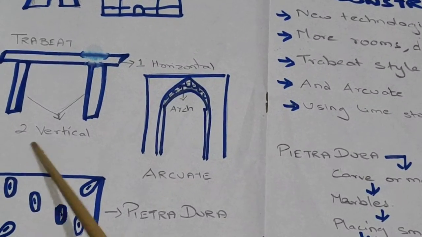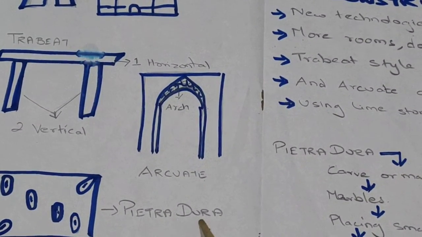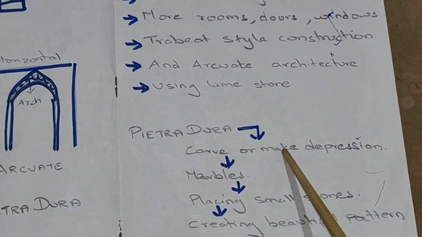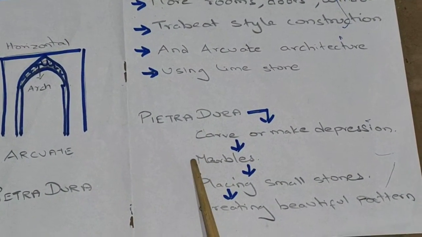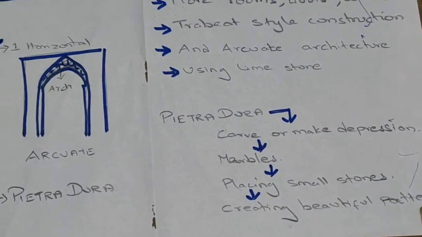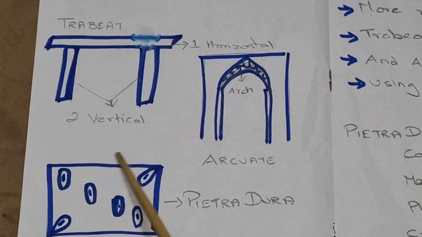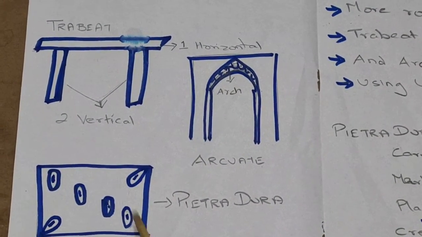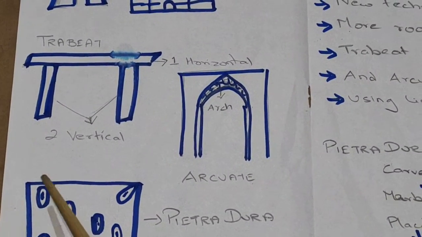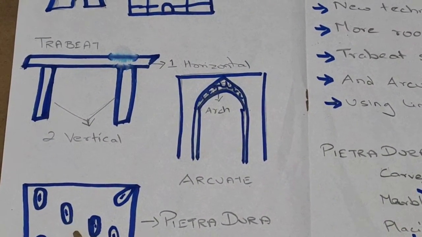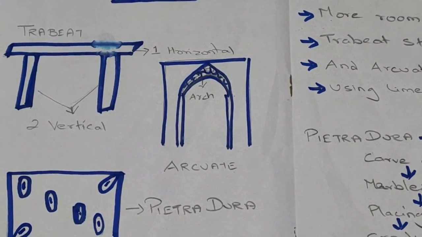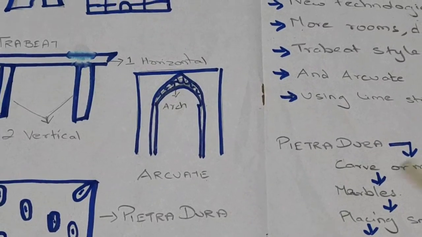So Pietra dura is carving or making depressions on marble and placing small stones, creating a beautiful pattern. This is an example with a marble: they cut the marble into small curves and stones are placed inside the curves, making a design. This is called Pietra dura construction.